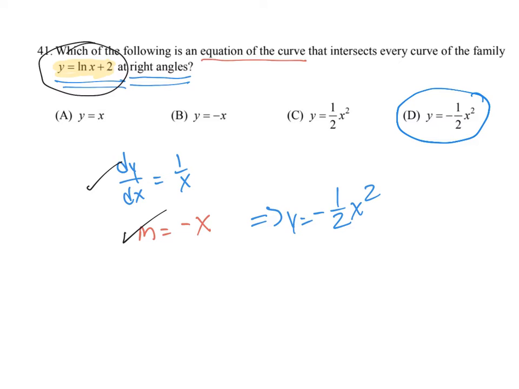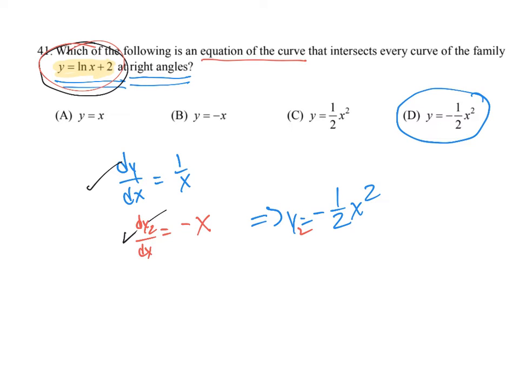A better notation here, rather than writing m, would have been to write another dy over dx, like dy2 over dx, with a subscript 2. That means this would be y2 equals. I'm letting you know that that y is different than the original function up here for y. So we find the derivative, we do the opposite reciprocal, we take the antiderivative, and we get y equals negative 1/2 x squared.